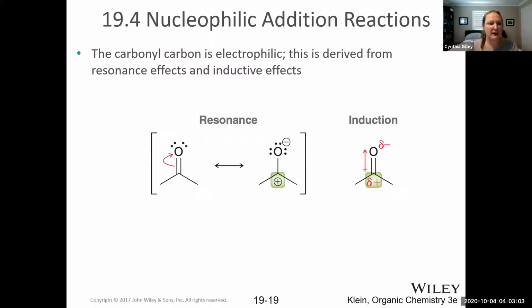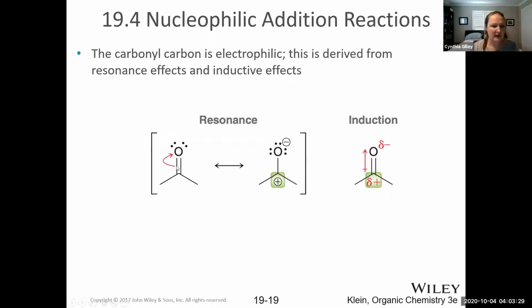Let's look at the reactivity of the carbonyl. So the carbon of the carbonyl, as I mentioned before, is electrophilic, right? It's electrophilic because through induction, the sigma bond electrons are being pulled towards the oxygen, creating a delta positive on the carbonyl carbon. And also through resonance, right?